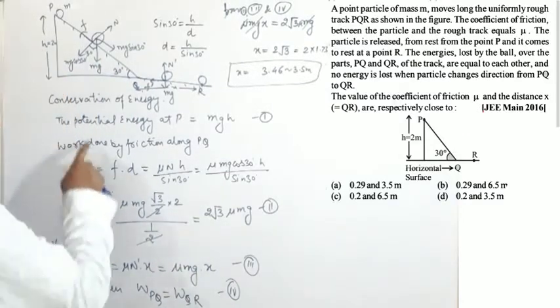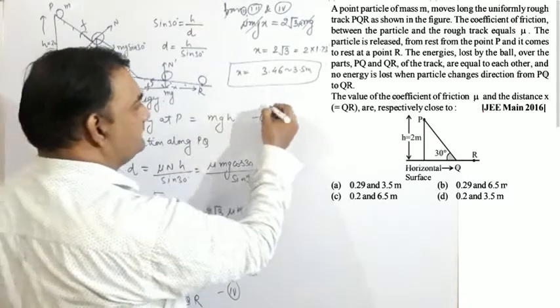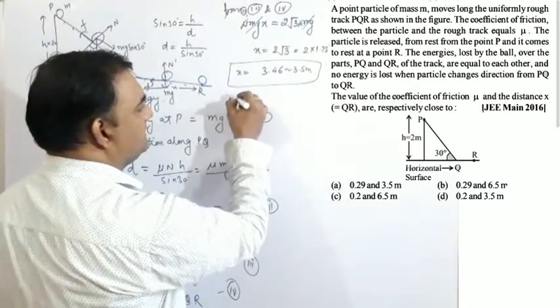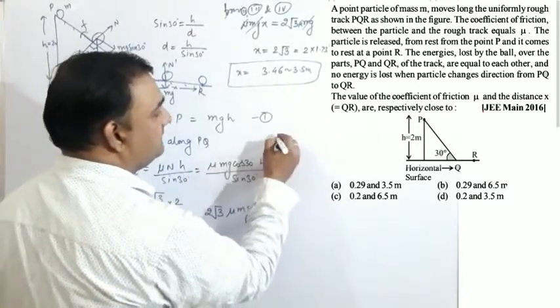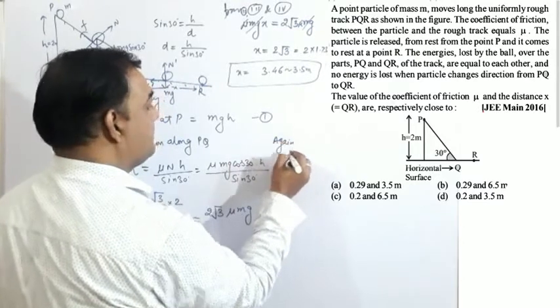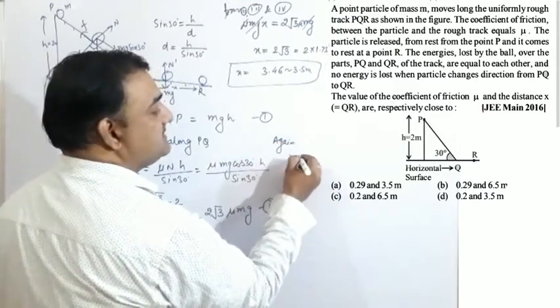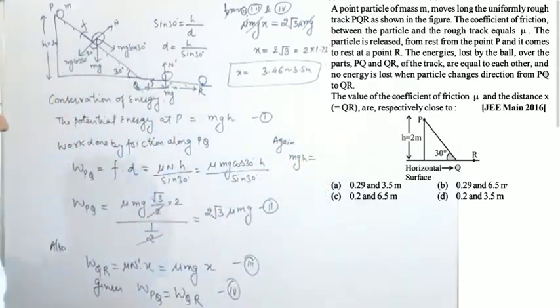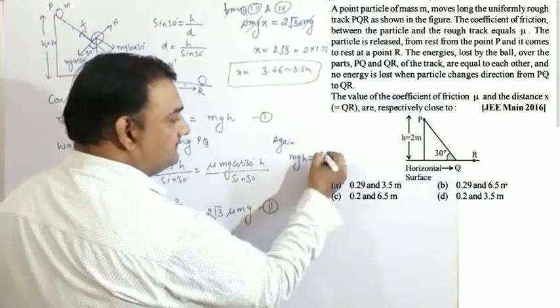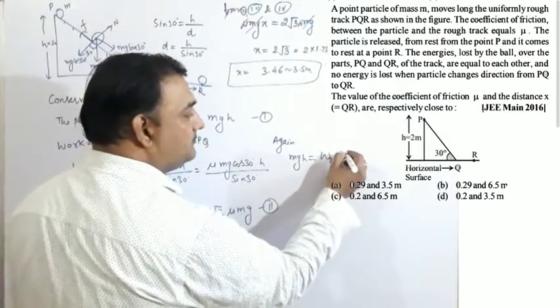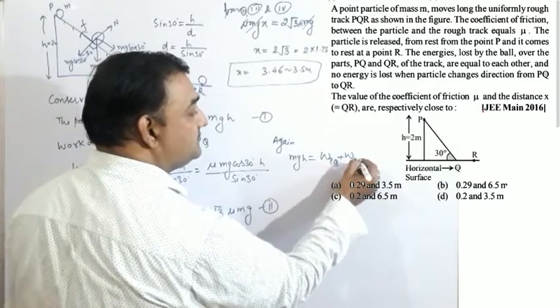Now we are also finding mu. So this can be found by the conservation of energy. So I am just writing it here again. The potential energy is mgh. The work done PQ plus QR.